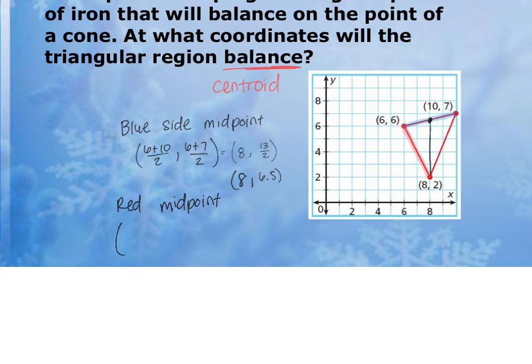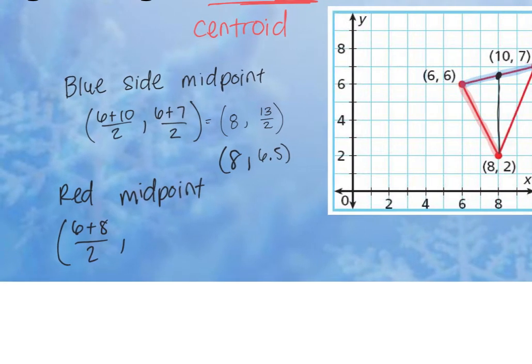So what are my x coordinates for the red? 6 and 8. Good. So we add 6 and 8 and we divide by 2. What else do I do for the midpoint? Y2 plus Y1. Good. So what am I adding? 6 plus 2.